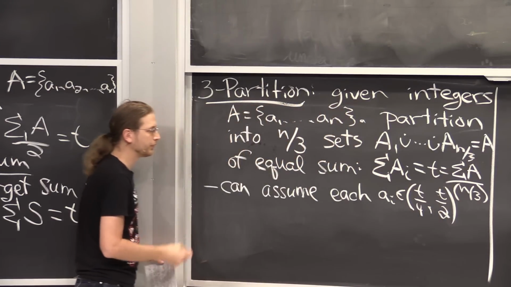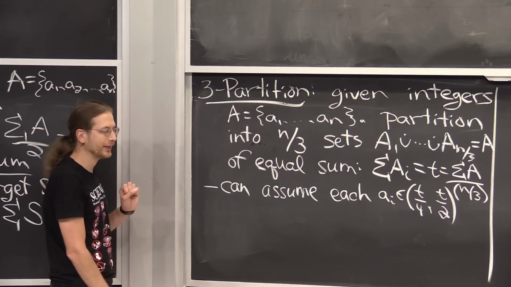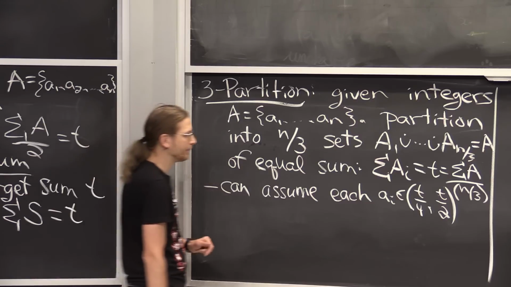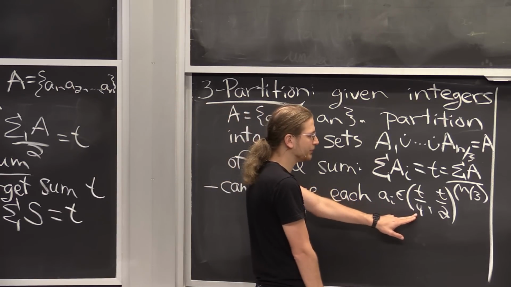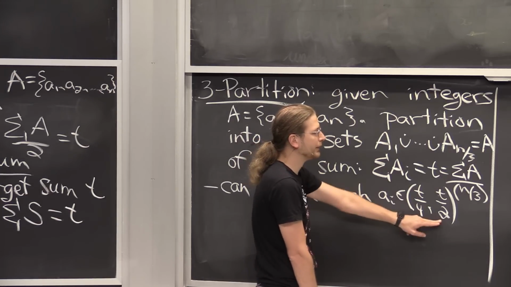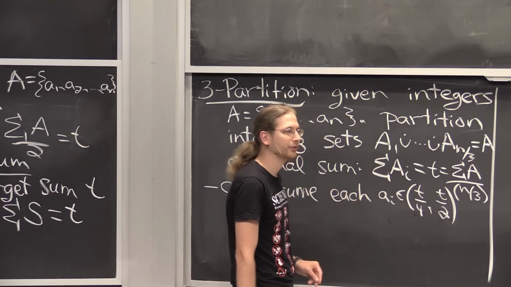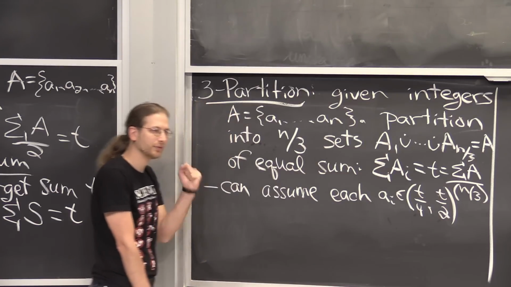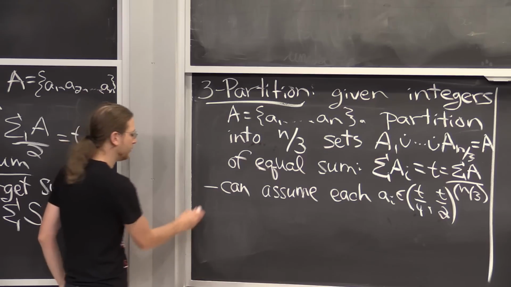If you're going to have a set of numbers that sum to exactly t, and each of them is strictly bigger than t over 4, then you can't have 4 of them, because you would sum to too much. And they're strictly less than t over 2, so you can't just have 2 of them and hope to get to t. So you have to have exactly 3 in every set.